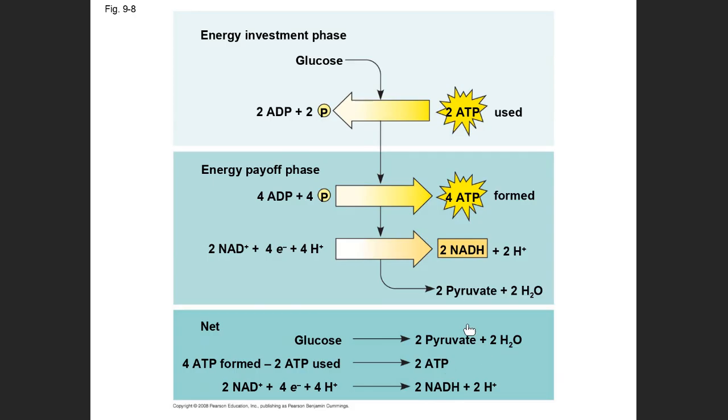The pyruvates each contain 3 carbons. So there's 2 pyruvates, and they have to enter into the Krebs cycle next so that each of those carbons can be broken, the covalent bonds broken, and the electrons captured.